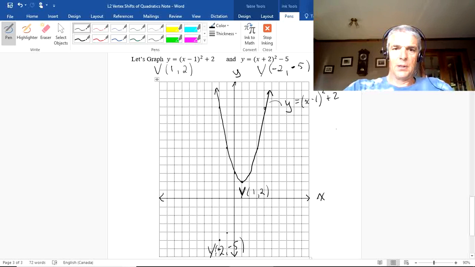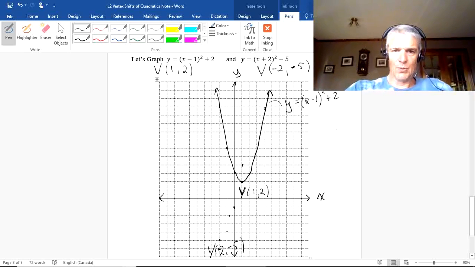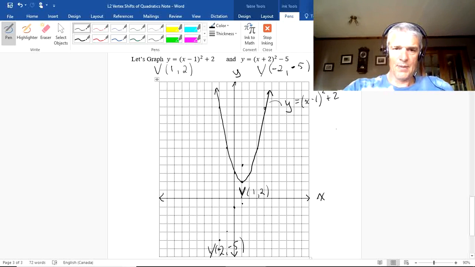So 1 over, 1 up. 1 over, 3 up. 1 over, 5 up. I'm kind of in the middle of this one, but that's okay. I'm just going to run over top of that one. 1 over, 1 up on this side, and 1 over, 3 up, and then 1 over, 5 up.